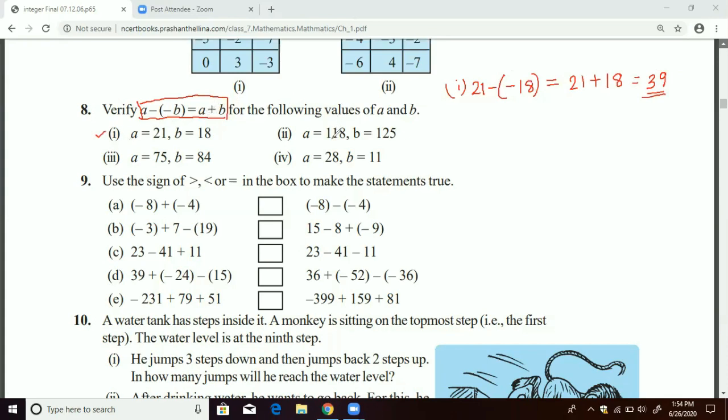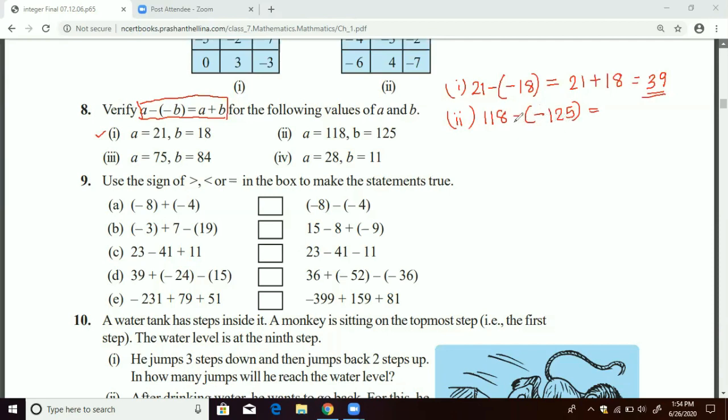For the second values the same thing will happen. That means for the second values, a is 118 and b is negative 125. So 118 minus negative 125. The same way, instead of subtraction of a negative integer, you are adding a positive integer.